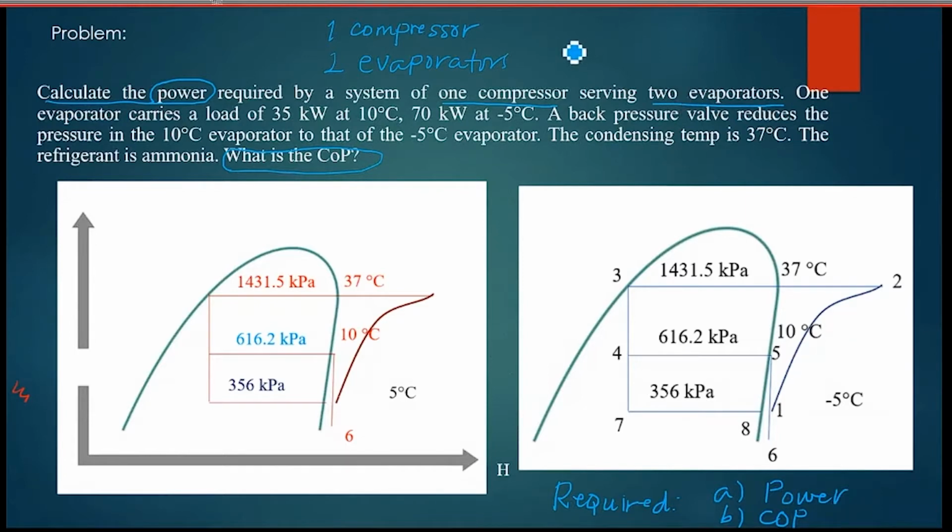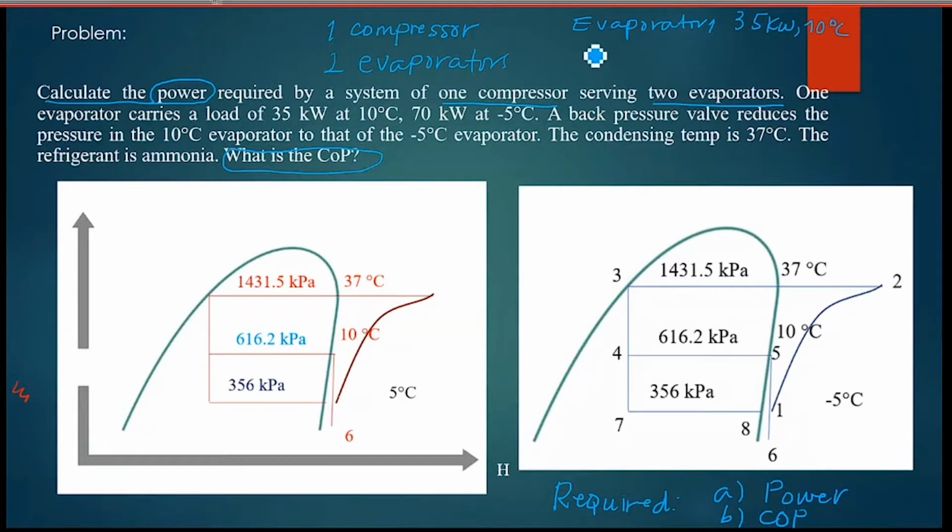So let us jot down the given. Let us say evaporator 1, because that's the first evaporator mentioned, in chronological order. So here is 35 kilowatts, and the temperature involved is 10 degrees centigrade.